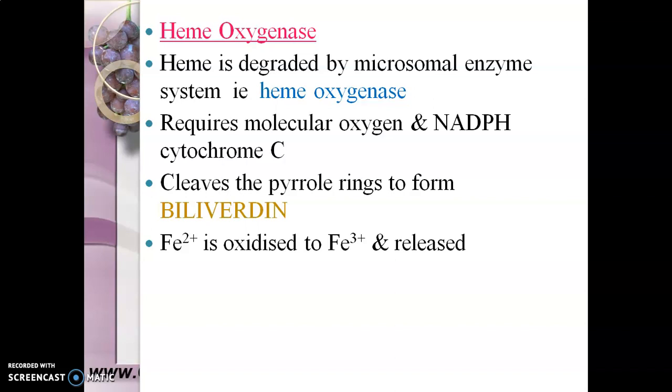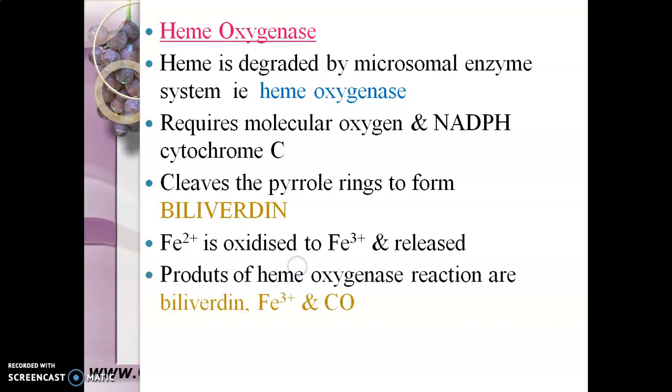The final products of the heme oxygenase system are biliverdin, ferric iron and carbon monoxide. Heme oxygenase is induced by increased availability of heme, so heme promotes the activity of heme oxygenase.